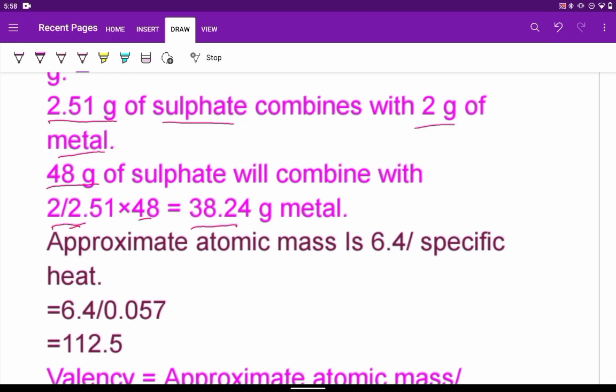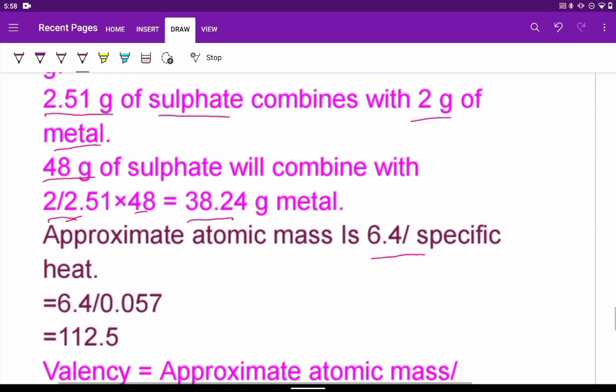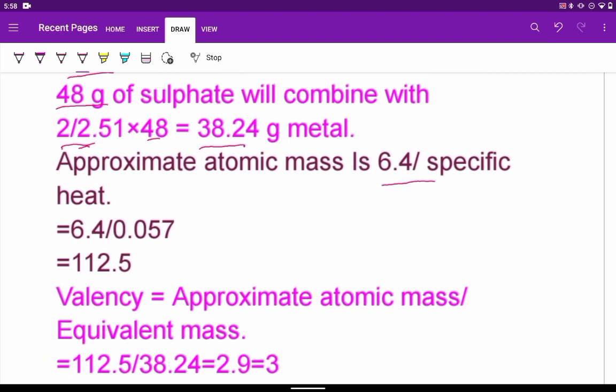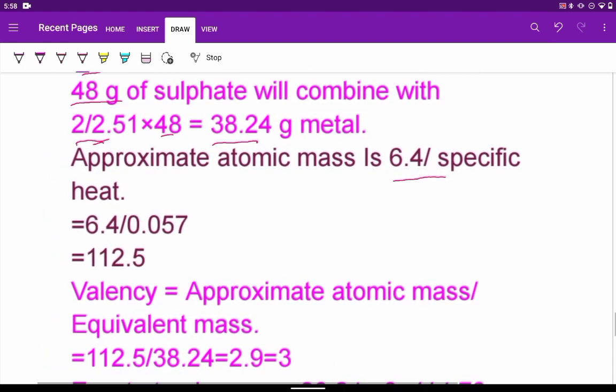Now there is a relationship: approximate atomic mass is equal to 6.4 divided by specific heat. The specific heat value given is 0.057, so the approximate atomic mass will be 6.4 divided by 0.057, that is 112.5.